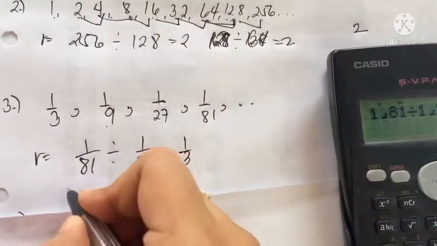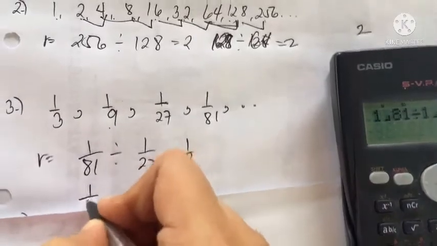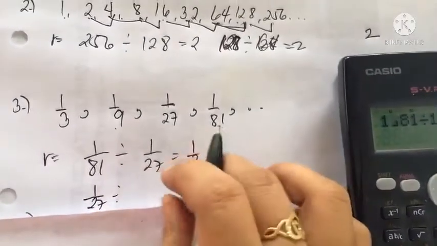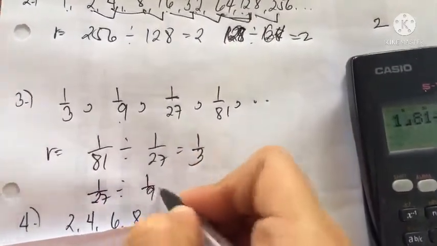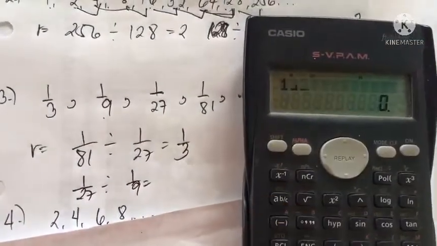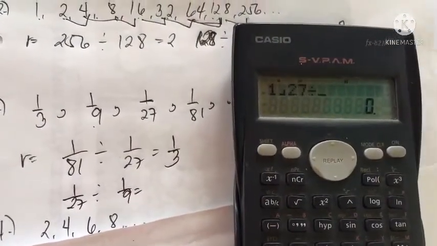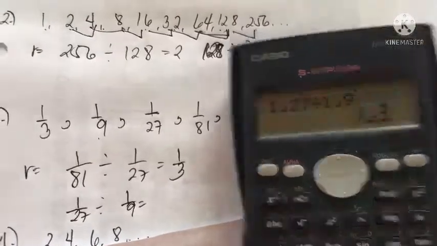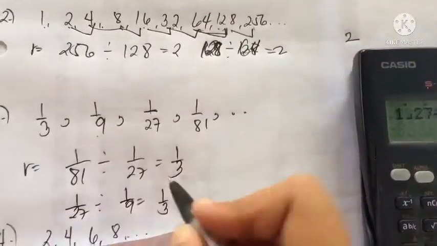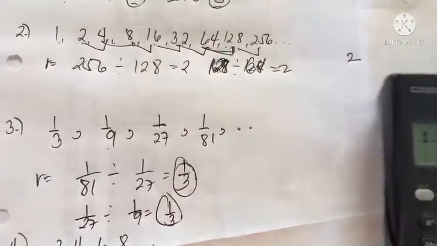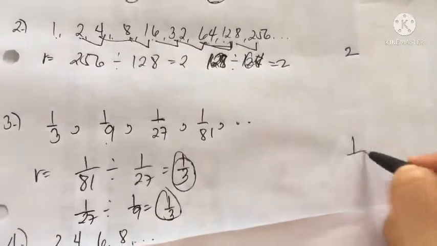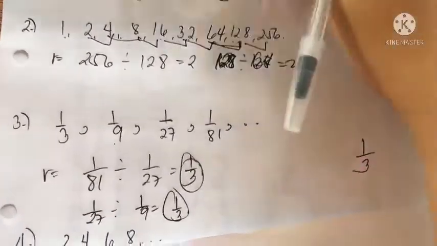O, isa pa. So, meron tayong 1 over 27 divided by 1 over 9. Sagot natin is 1/3. So, meron siyang common ratio na 1/3. Ibig sabihin, ang common ratio natin dito is 1/3.